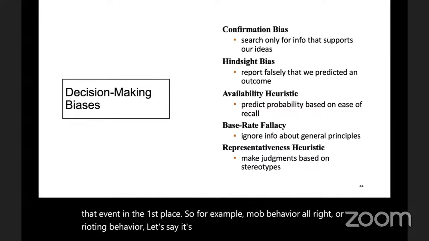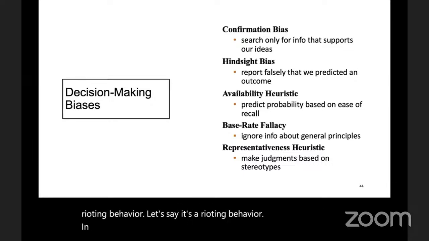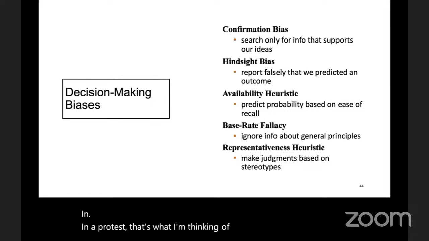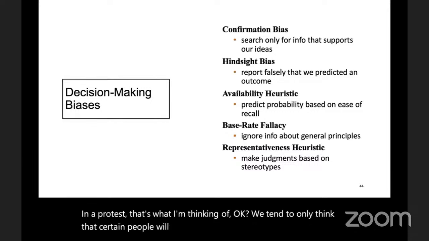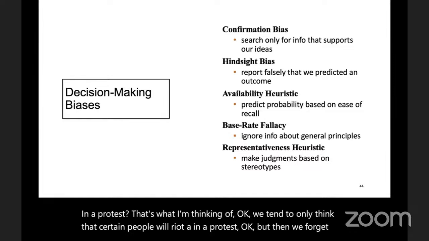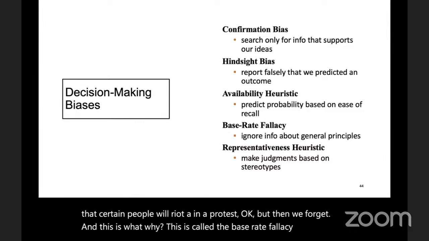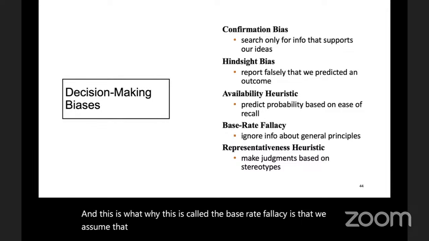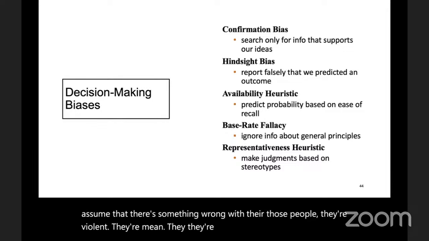Let's say it's rioting behavior in a protest. That's what I'm thinking of. We tend to only think that certain people will riot in a protest, but then we forget, and this is why it's called the base rate fallacy, that we assume that there's something wrong with those people. They're violent, they're mean, they're out to destroy things.